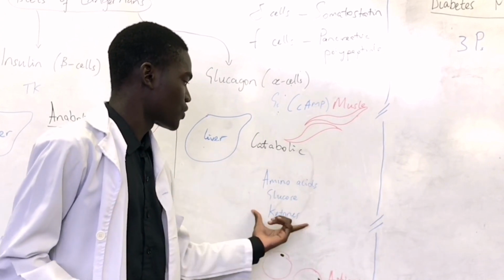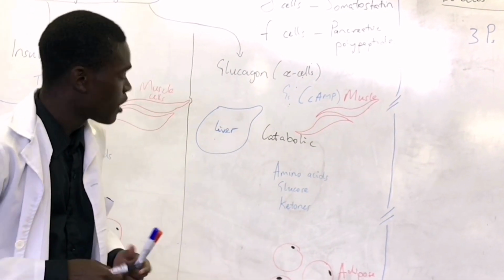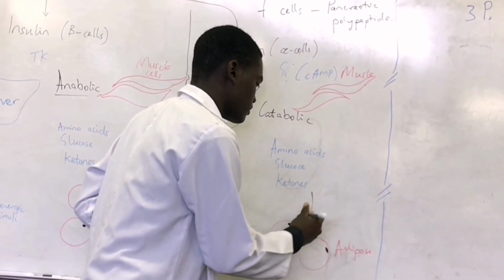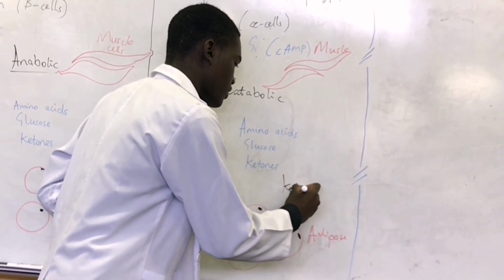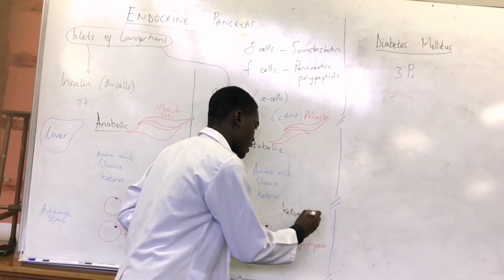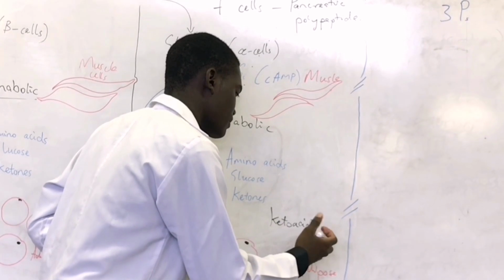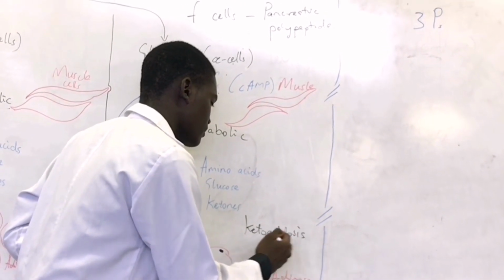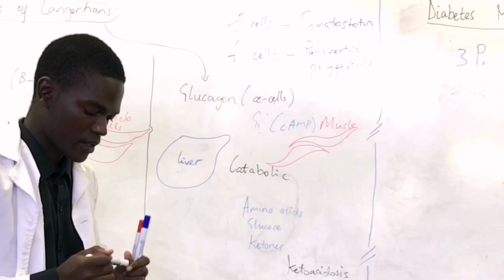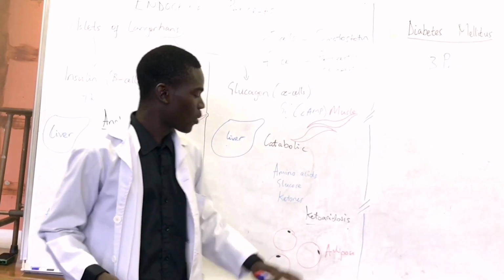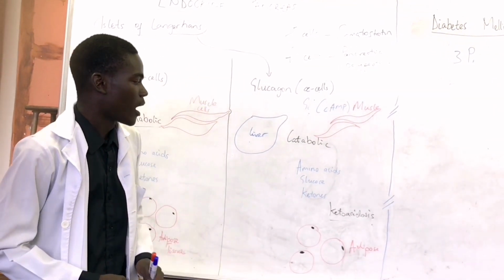So here we are likely to have the condition ketoacidosis, which is reduced blood pH due to ketones accumulating in the blood.